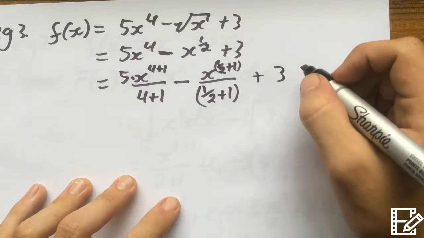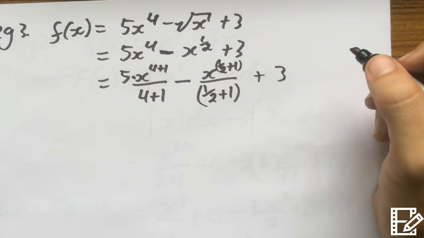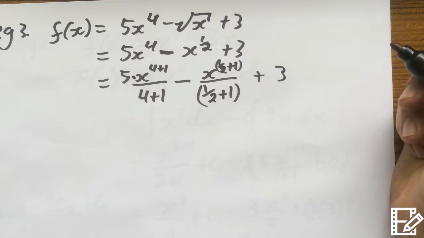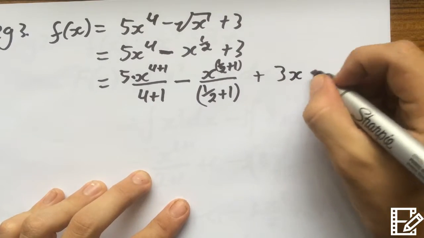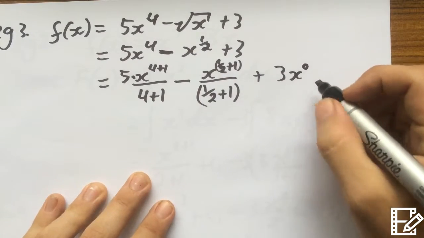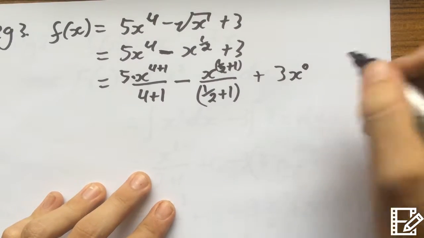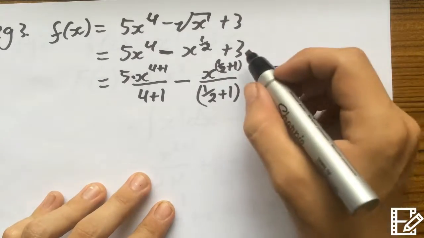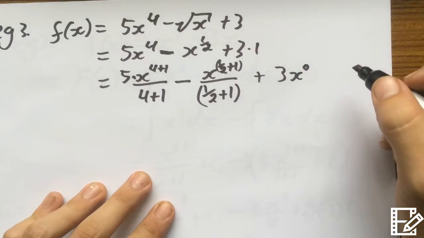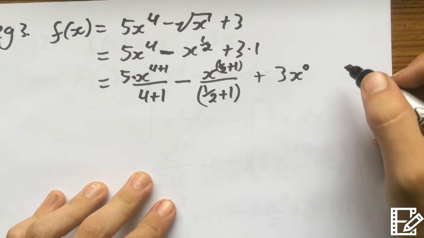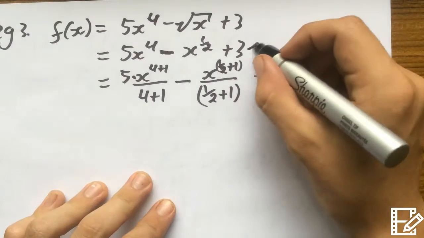And then we add 3. Now, this is a rule of when you've just got a constant on its own. It basically means you have an x to the power of 0, because x to the power of 0 is 1, and 3 multiplied by 1 is 3. So you could say that there's an invisible multiple of 1 there. Okay?